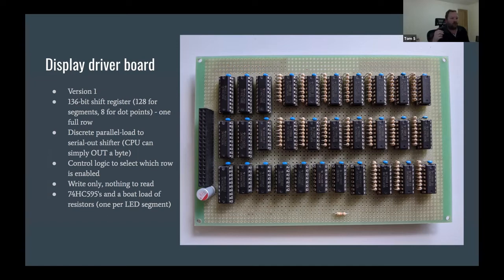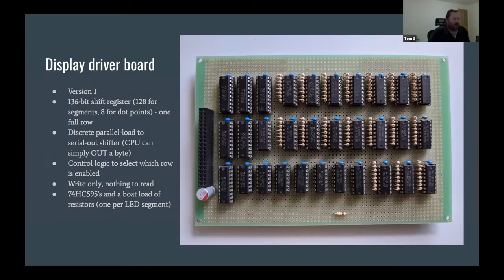So you can shift in all of your new data, get it staged, and then the very last thing you do is write and say, I want to display this on line 3, and that will latch in all that data and switch the display over to line 3. Then line 3 will be displaying the data that you've shifted in.